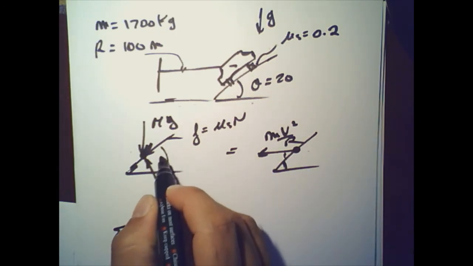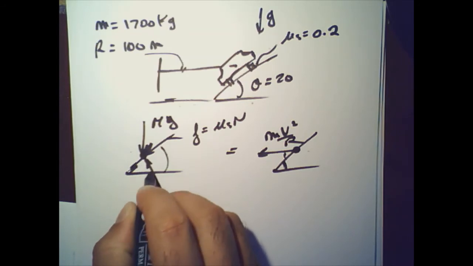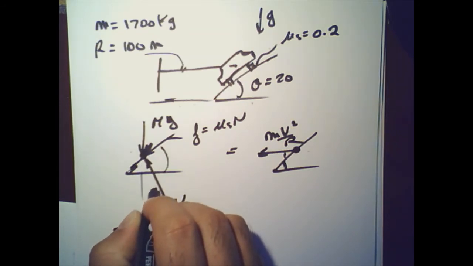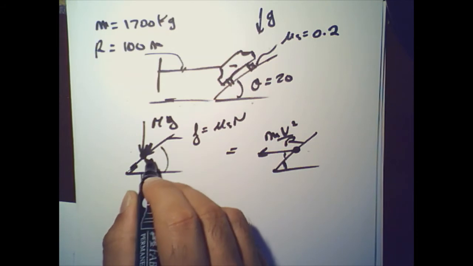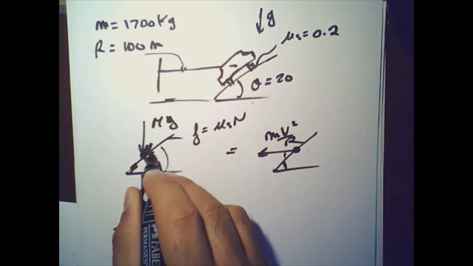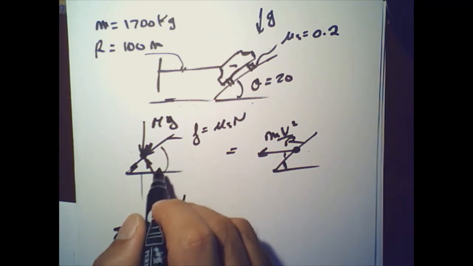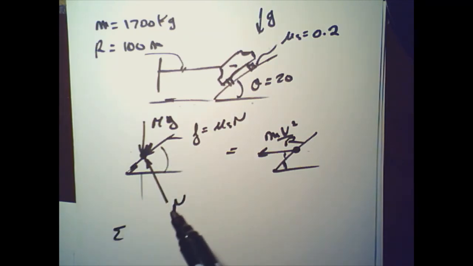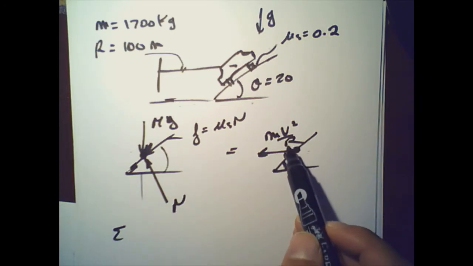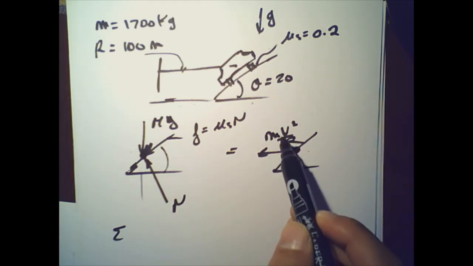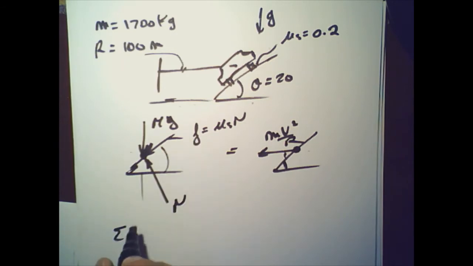If this angle is theta, then what is that angle? This guy is perpendicular to this. So one way, without having to solve for mv squared over r directly, is to sum the forces in a vertical direction.